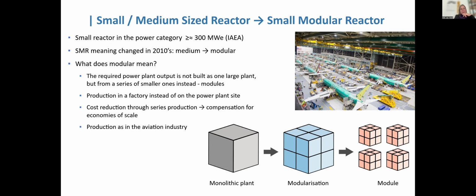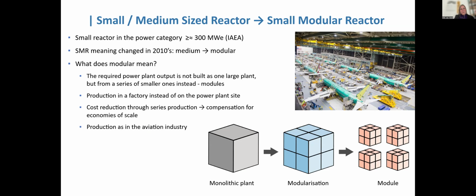That means that the required power plant output is not built as one large plant, but from a series of smaller ones instead, the so-called modules. And the production will be in a factory instead of on the power plant site. And this is absolutely necessary for the cost reduction. Usually you have cost reduction through economy of scale, especially with nuclear.